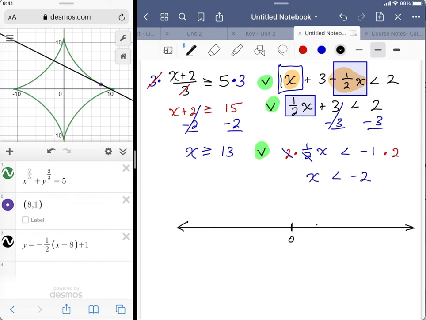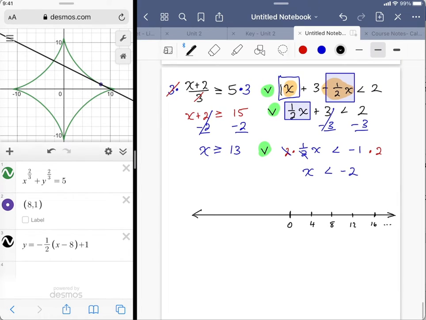So 4, 8, 12, 16. Skip a few, infinity. -4, -8, -12. You just want to go 3 in each direction minimum. I had to go 4 to the right in order to get enough room for the 13. So that's a little compromise there.